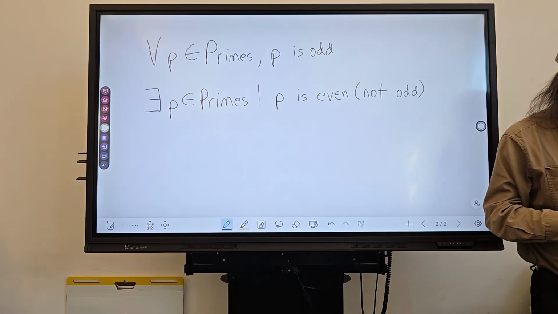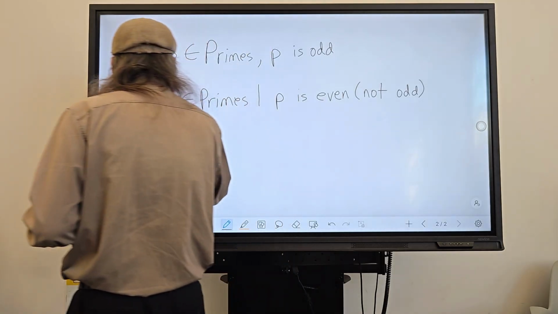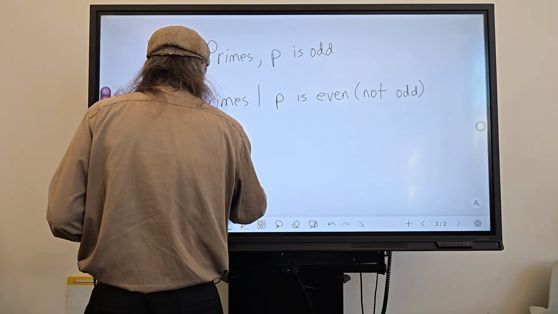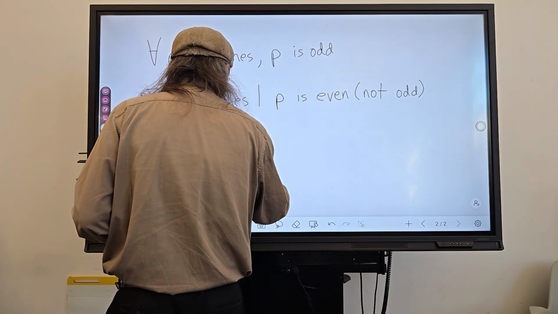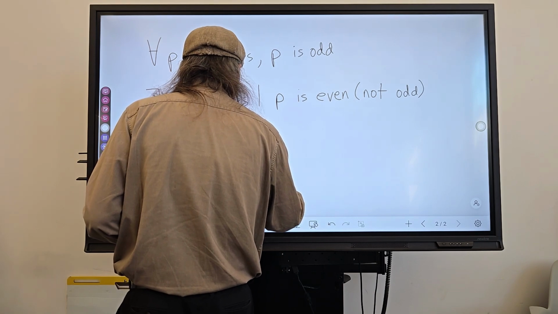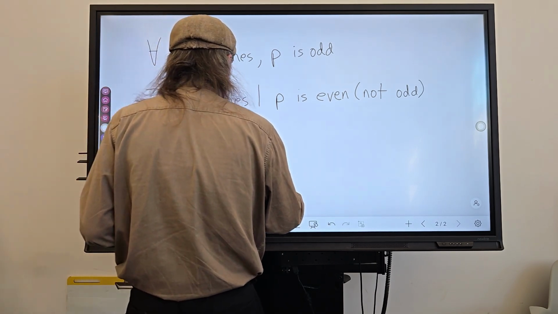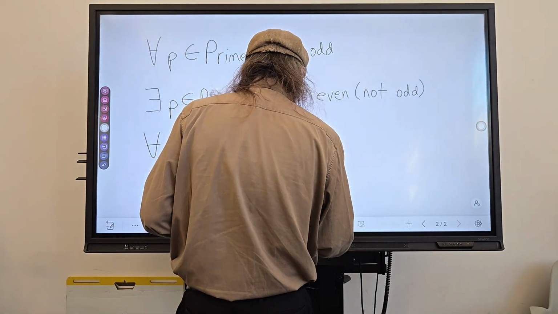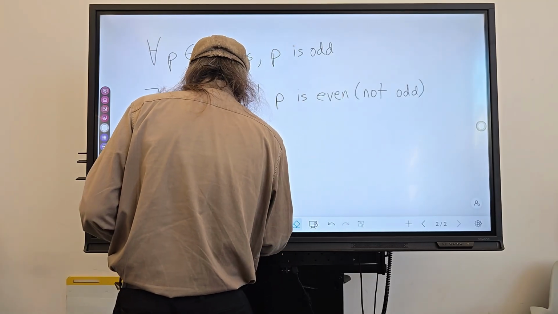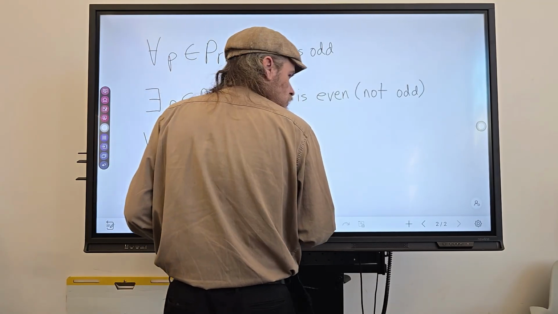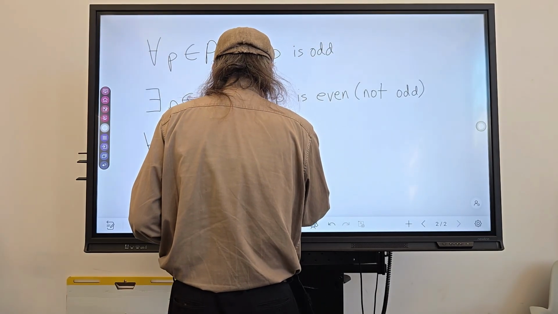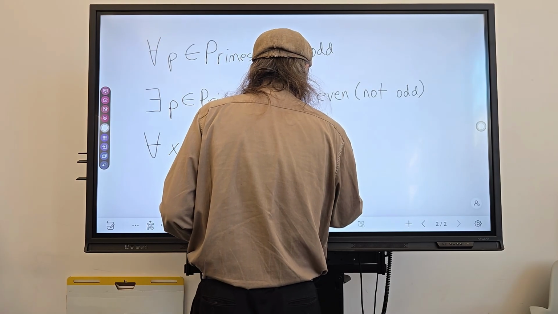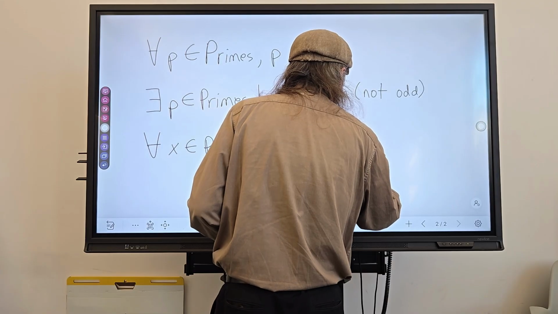But the formal version: for all x in politicians, x is not honest.